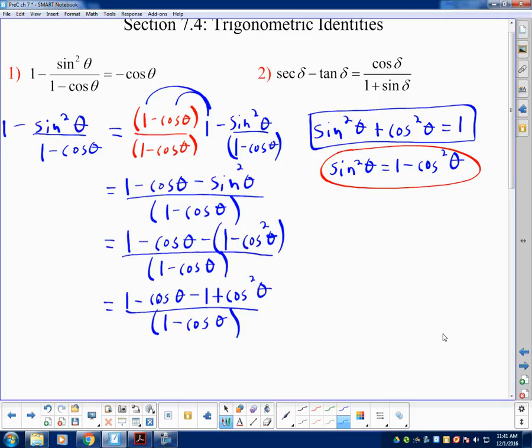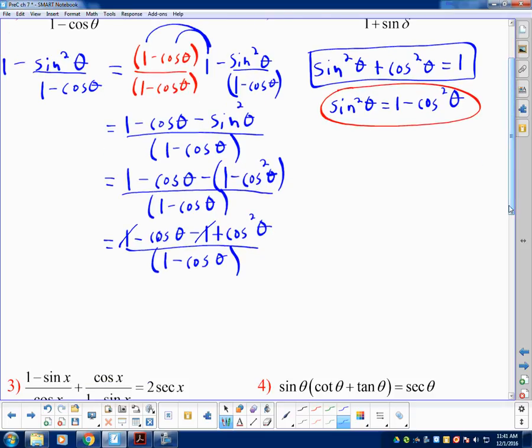So you can see here that the 1's will disappear. They cancel, equals 0. And if I rewrite the top, I have cosine squared theta. I'm just going to change the order, move the positive term out in front, minus cosine theta over 1 minus cosine theta.